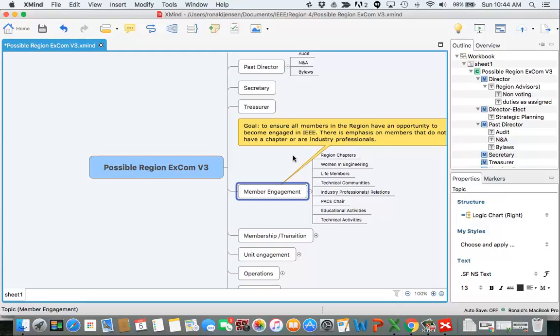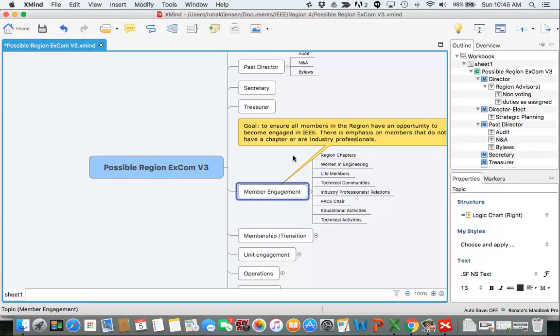IEEE over the past several years has realized that societies are not meeting the interests of all of the members. And so they've developed a number of technical communities. You've probably seen them as big data or smart grid, there's just a whole range of them. I think there's 17 the last time that I looked. And honestly, they kind of cut across the various society interests.